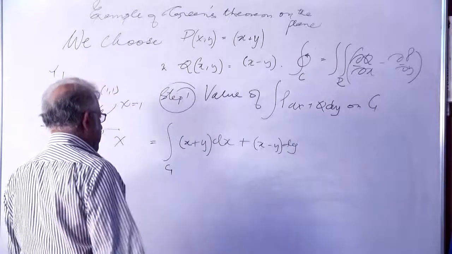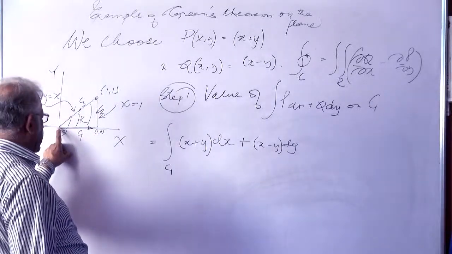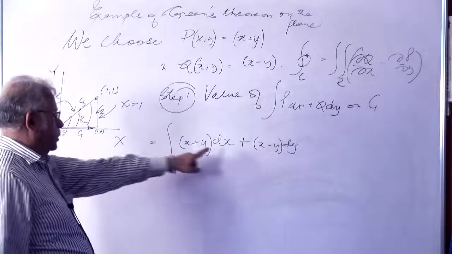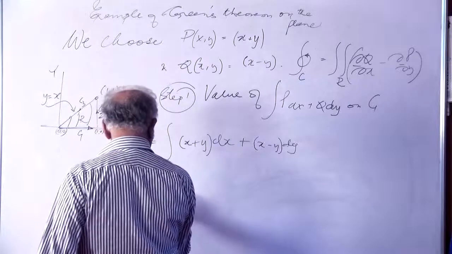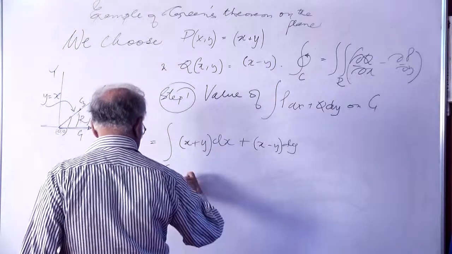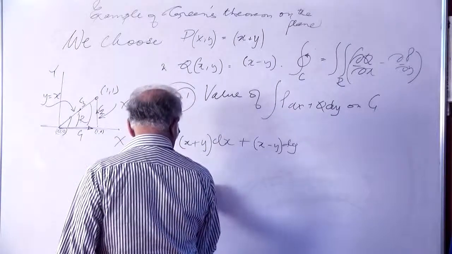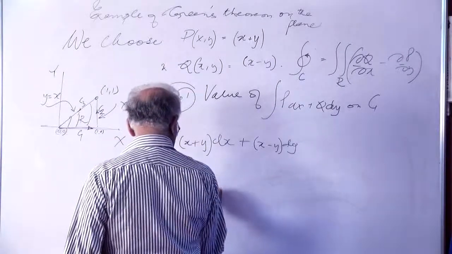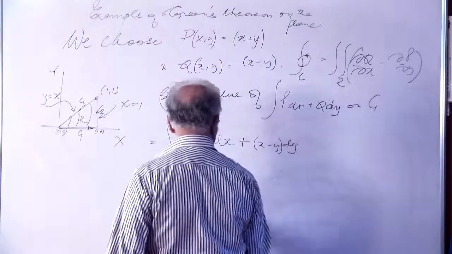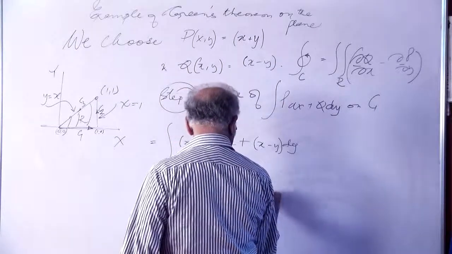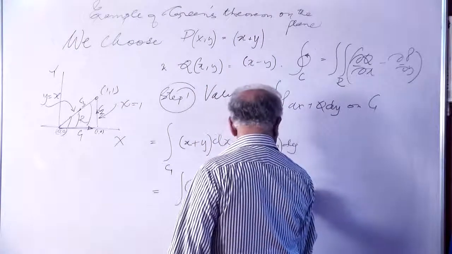Now on C1 we can see y is equal to 0, and the limits for x are from 0 to 1. So we write that as on C1, integral of x plus 0 dx plus x minus 0 dy.